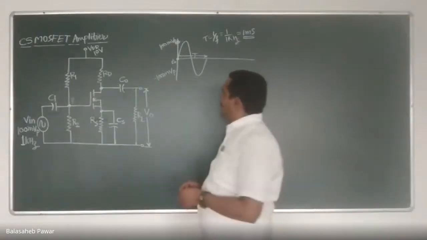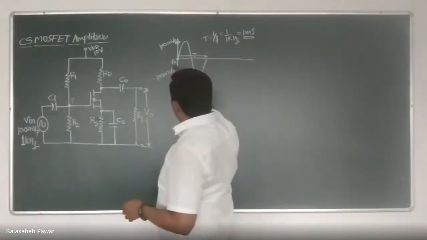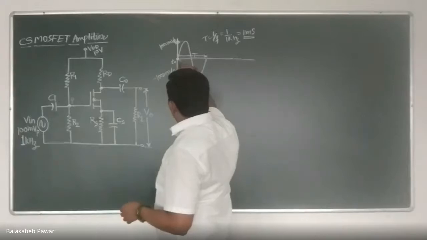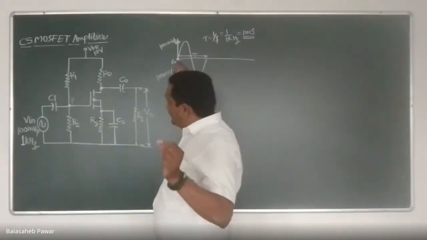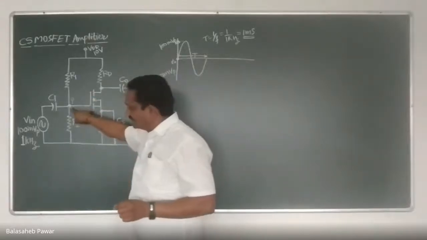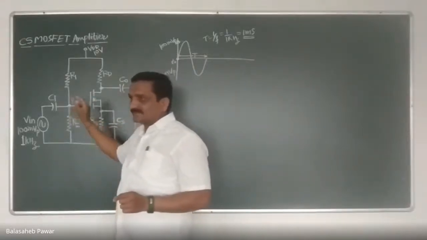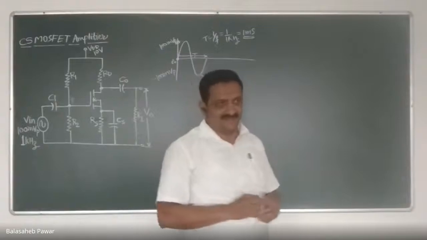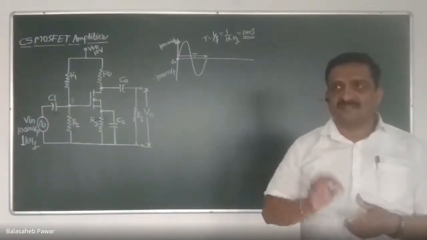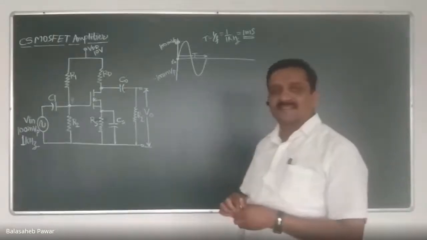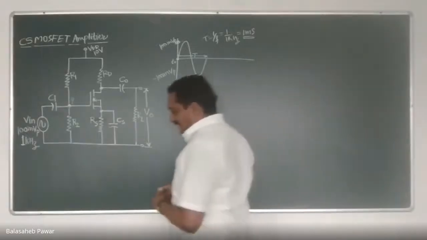So my first question is, at T equals T0, that is at origin, the input signal has amplitude 0 volt, right? How much will be the gate voltage? Be fast. Will it be 0 or non-zero? Non-zero, but how much? 2.1. Yes, it is 2.1, right?